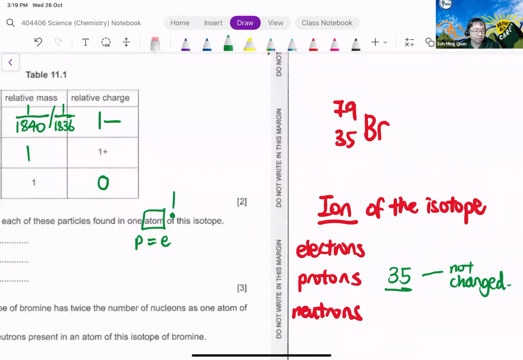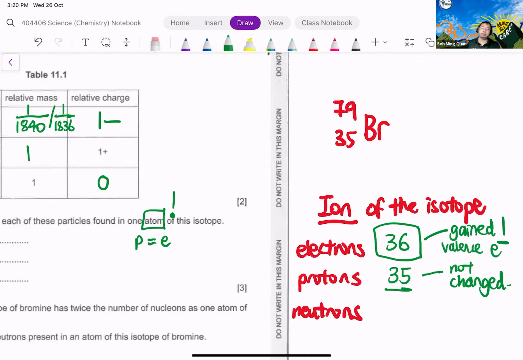Now in the ion, you must have 36. Why 36? Because gained 1 valence electron. So this is the important part. If I want ion, you must think whether electrons are lost or are they gained. Okay, you must think about loss and gain of electrons.